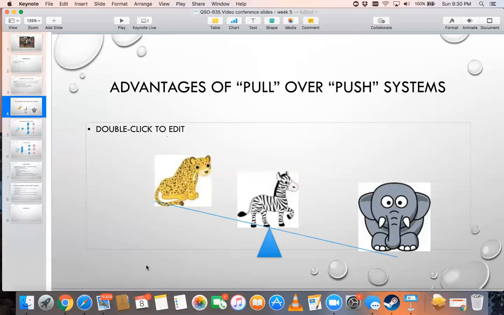Now, to be fair, in certain situations where you have a very short lead time and the ability to get the product out to the vendors is pretty quick, you may be able to have a push system that can respond relatively well.